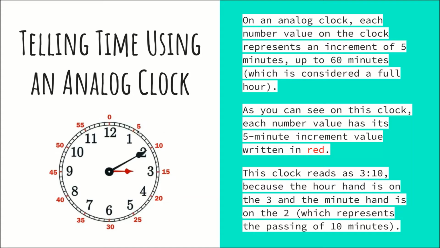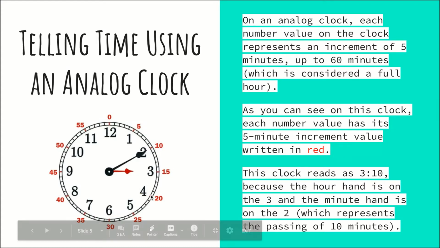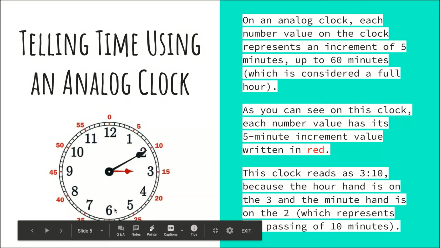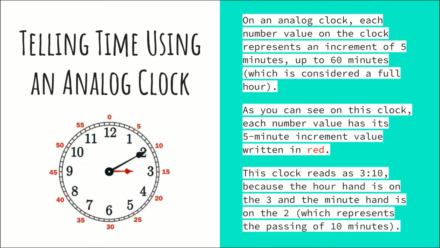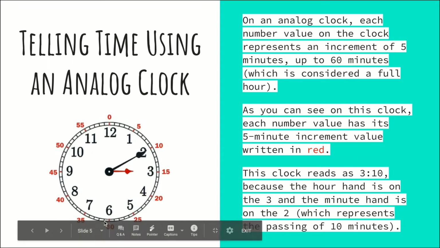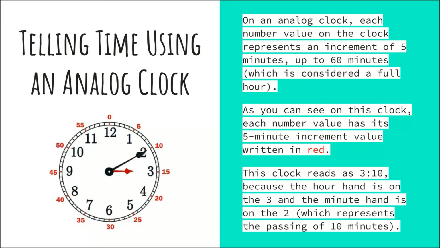So right here is 1, that stands for 5 minutes, okay? 2 stands for 10 minutes, okay? 3 is 15 minutes, 4 is 20, 5 is 25, 6, if the minute hand is pointing to 6, would be 30 minutes. And then of course, in between, you'll notice between the 6 and the 7, there are little dashes around. Those dashes tell you the minutes still. So this would be 31, 32, 33, 34, 35, and so on, all the way around the clock.